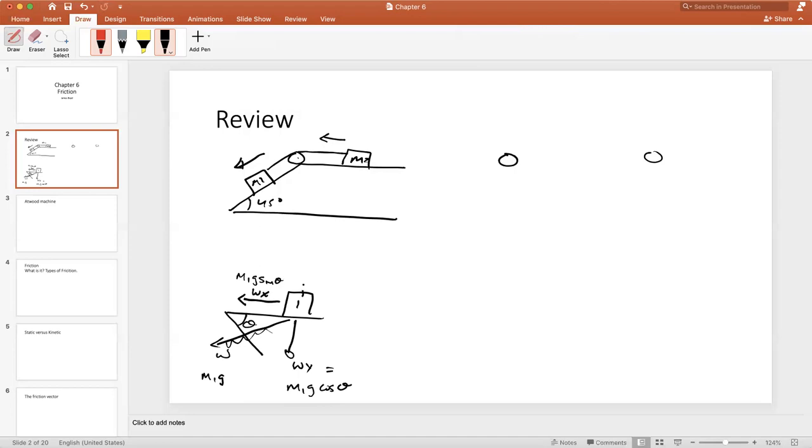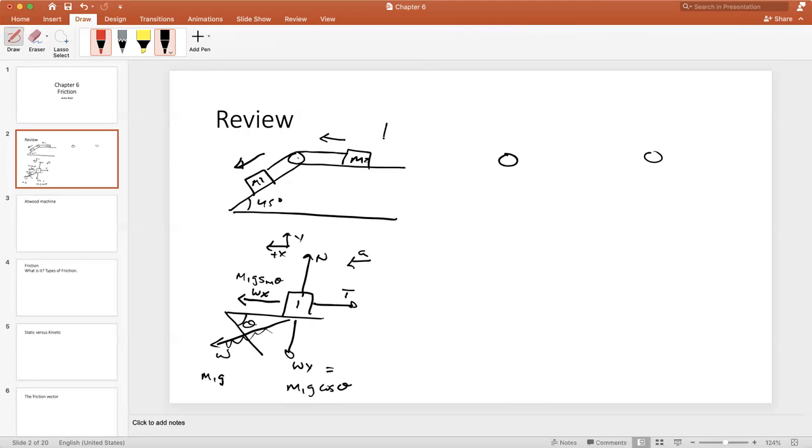It also has to have a normal force, and this will be our positive acceleration direction, this will be our positive y, so this will be our positive x. It also has to have a tension because it's connected by the rope to M2.